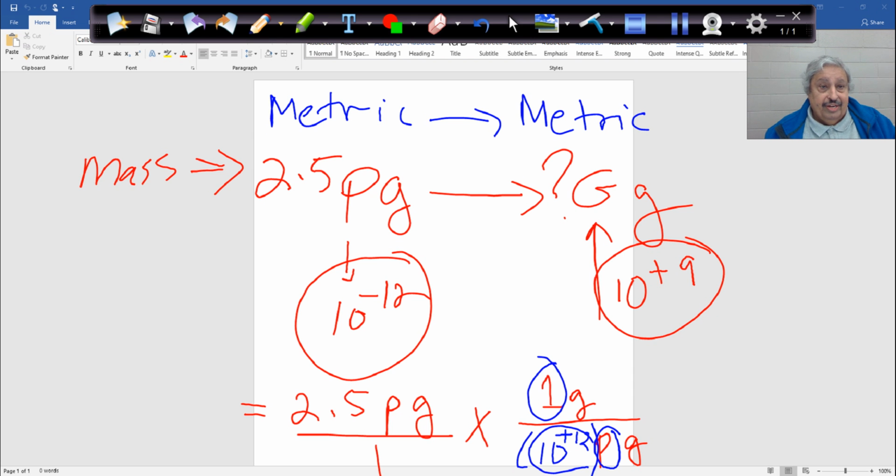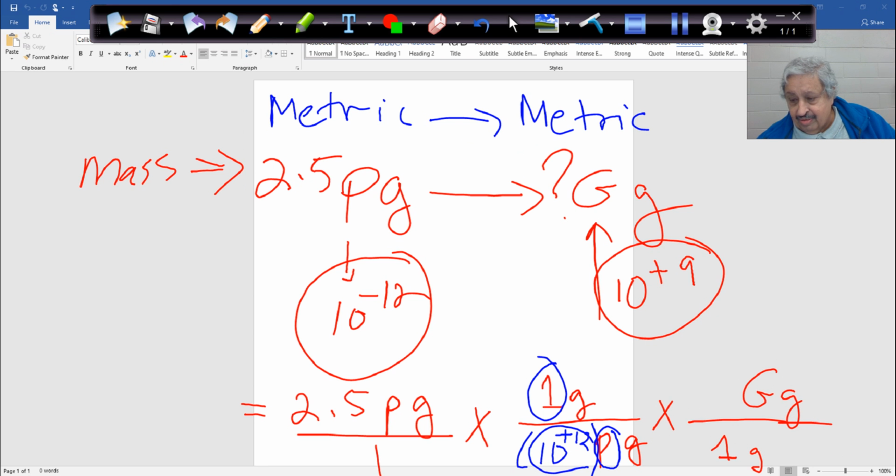Then I go further, to the basic unit, 1 gram, and then I have gigagrams. For giga we say 10 plus 9. So I put in front of it what? The opposite, 10 minus 9.